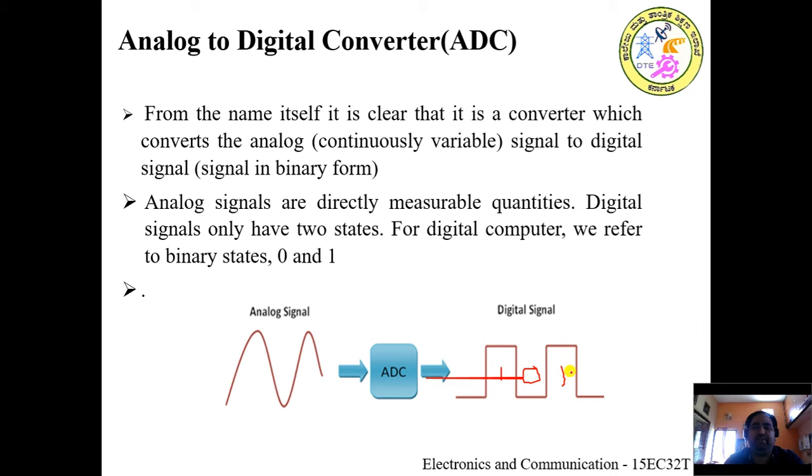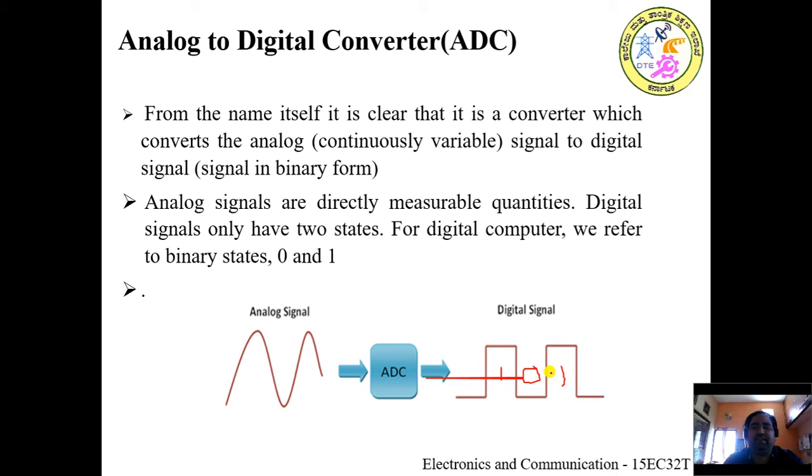But let us assume that the display where we want to show the result is a digital display, like a luminous display such as LCD or LED. In such a case, the output given by the temperature sensor, which is in analog form, may not be suitable to drive the digital display.